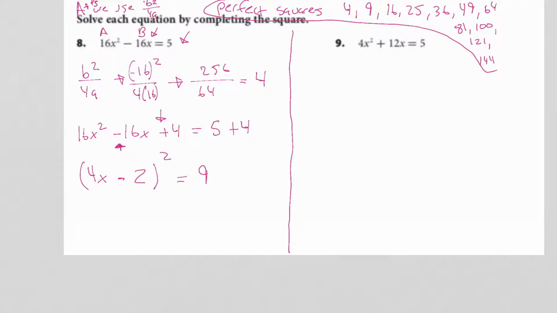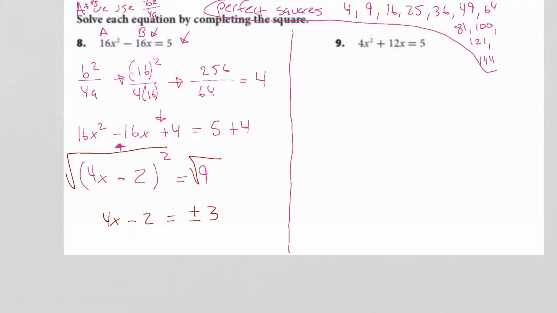So from here, we take the square root of both sides, because that's the inverse of something squared. And you're going to get 4x minus 2 is equal to plus or minus 3.